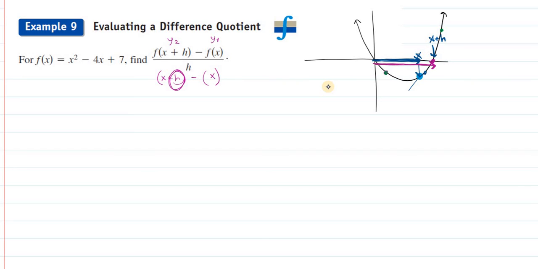For the first time. So if we're going to try and evaluate a difference quotient, what we need to do is we need to have an x value and a y value. Okay, so here's where this gets a little bit messy. So we have one point where the input is x and the output is x squared minus 4x plus 7.